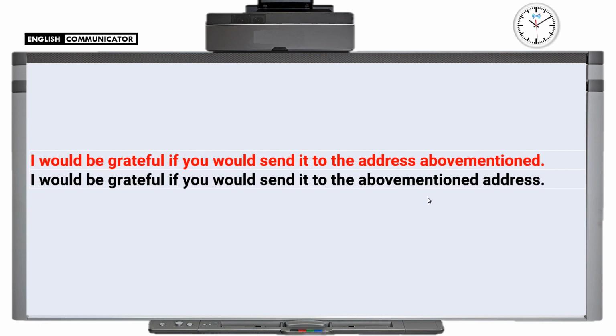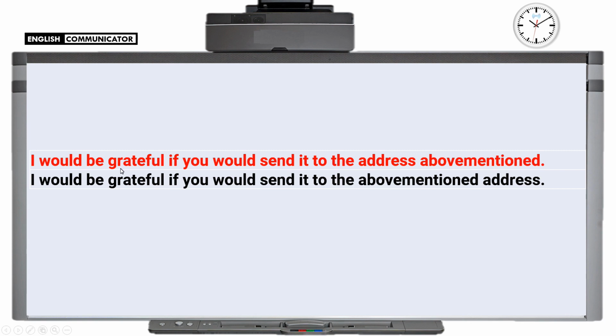I would be grateful if you would send it to the address above mentioned. It's a wrong sentence. I would be grateful if you would send it to the above mentioned address. You have to make this above mentioned separate; you don't have to write it this way.